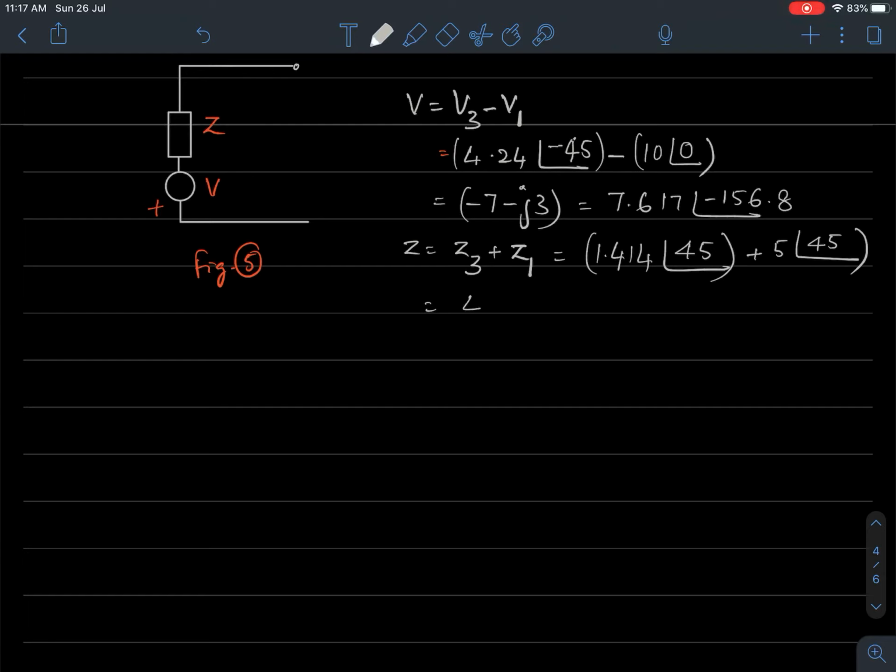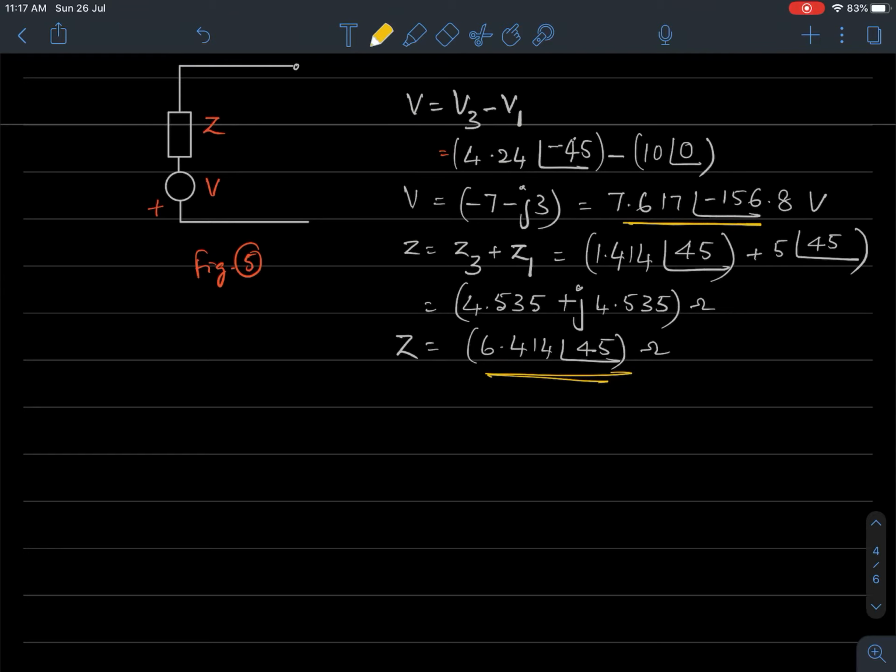So this Z comes out to be equal to 4.535 plus J 4.535. This in polar form, if you convert, you will get as 4 at an angle 45. So many ohms. So this is my Z, and this is my V.